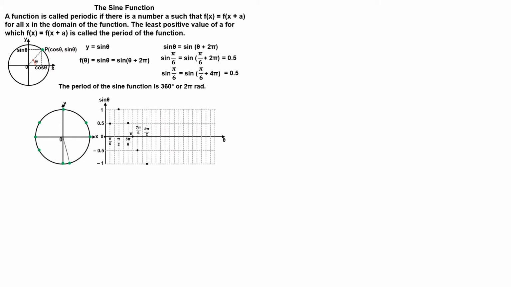The sine of 11 pi over 6 is minus 0.5. Then back up to 0 by 2 times pi, which is 1 full circle. Joining the dots as neatly as we can, we get a smooth curve.